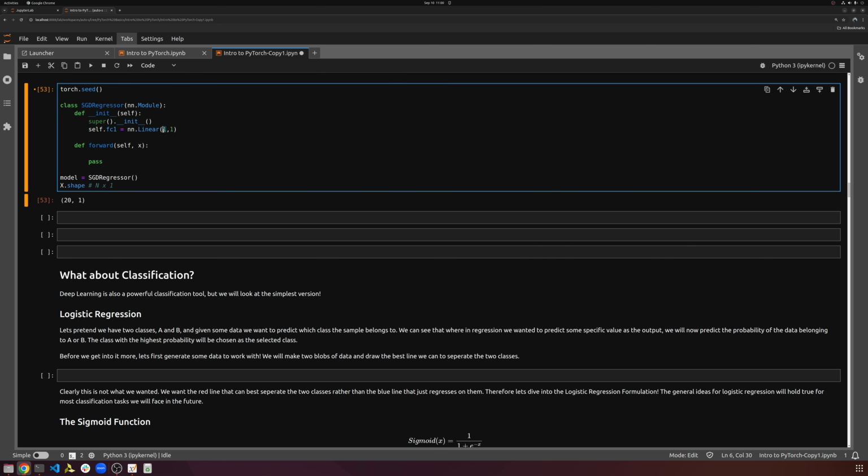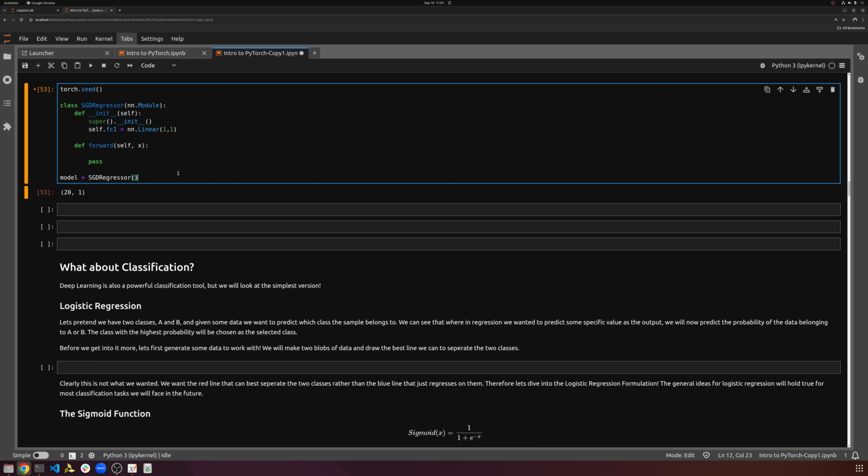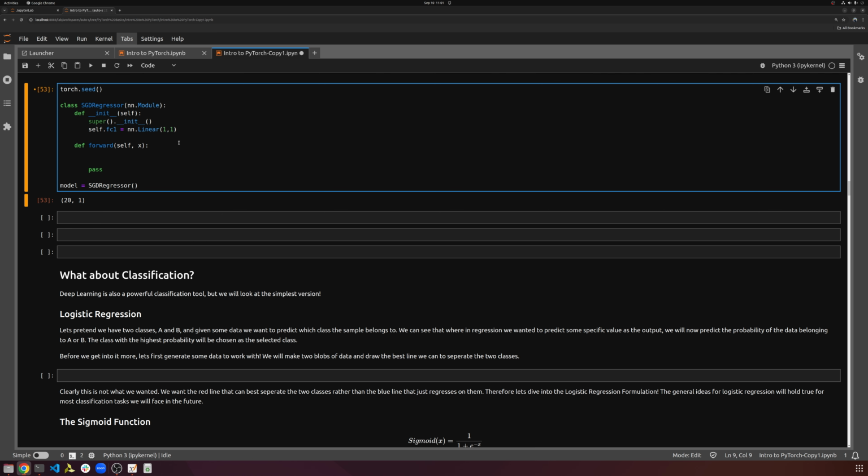And so that's what this model wants. If this was n by 2, like we had 20 samples and each sample has 2 features, then this should have been 2. If this was n by 50, then this would be 50 here, so on and so forth. So this is exactly the shape we need it in. So we can just do y equals self.fc1(x).